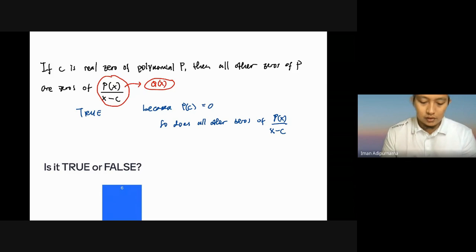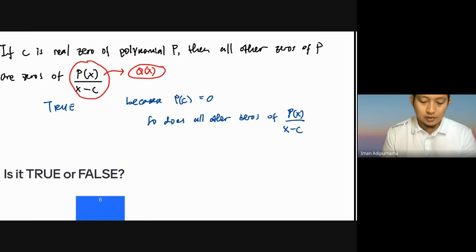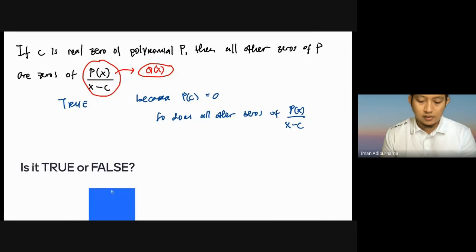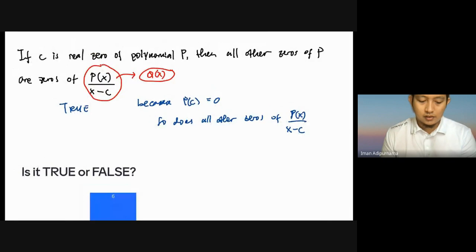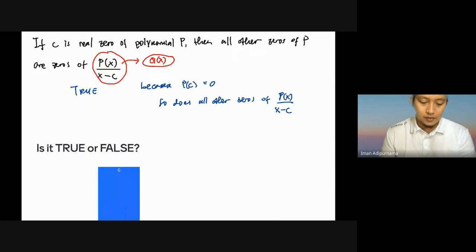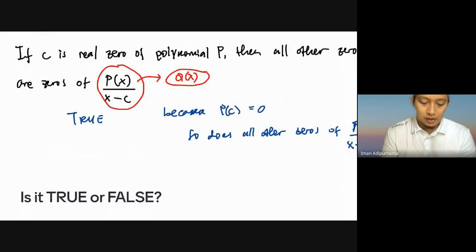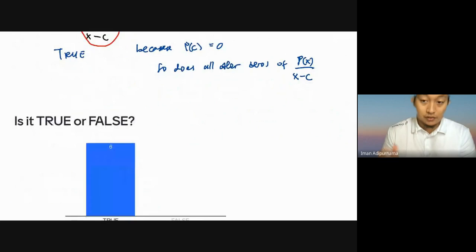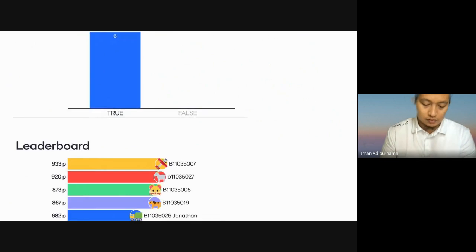So all other zeros come from this Q(x), because P can be divided by x minus c. This is just logical reasoning.